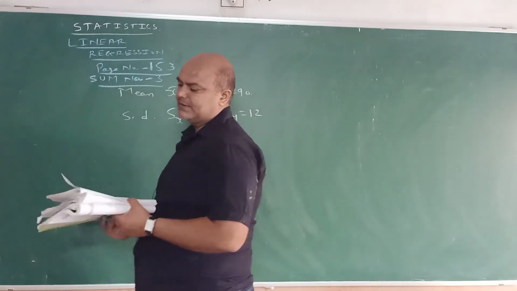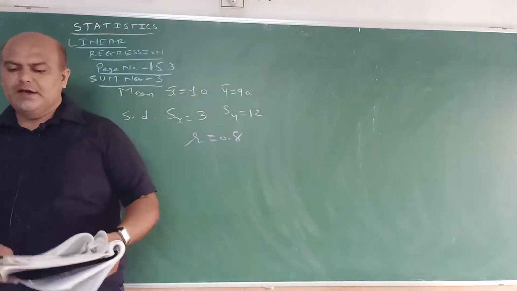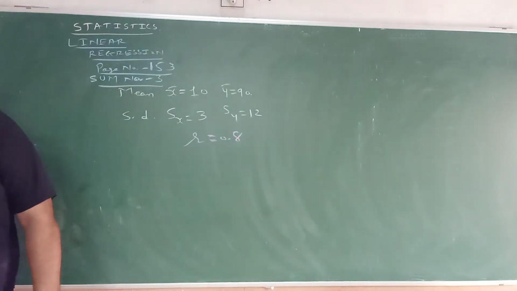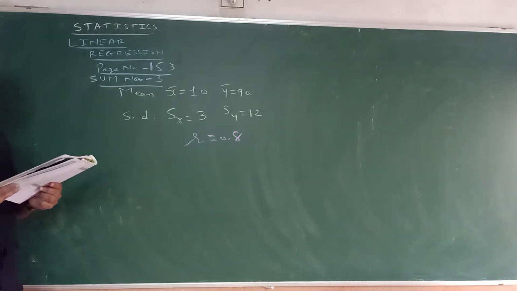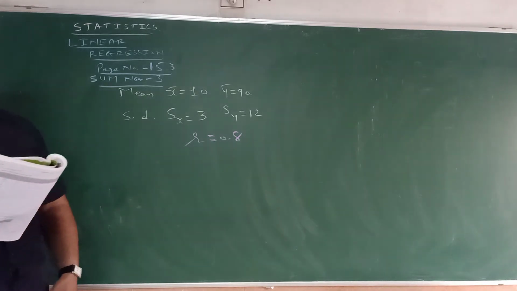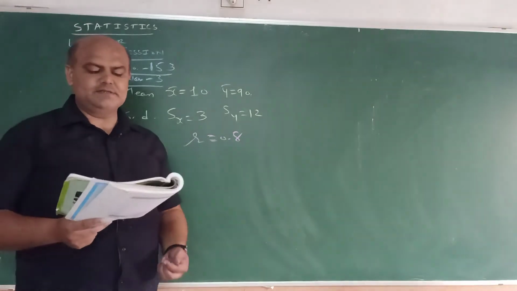So it is clear, students, that we have to find only the regression line. For the regression line, we have to pass through 3 different steps. Whenever we want to find the regression line, we have to pass through 3 different steps.